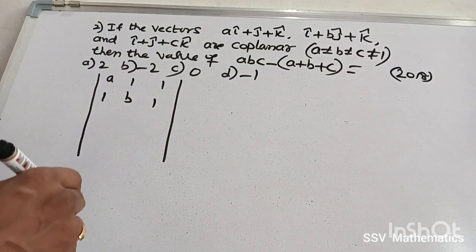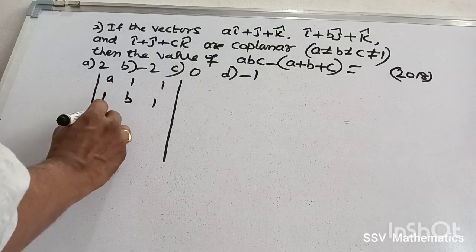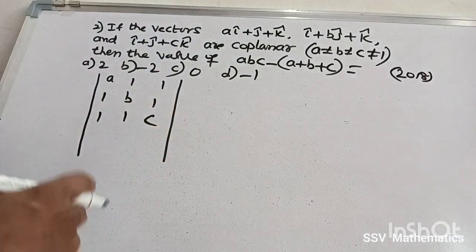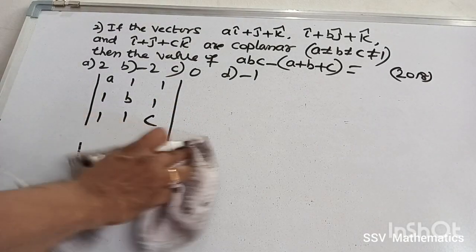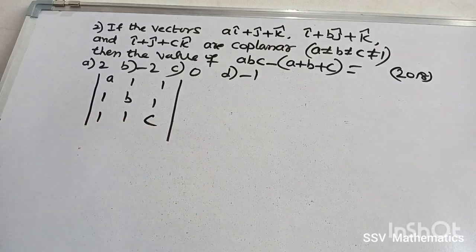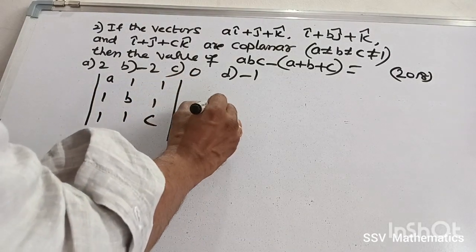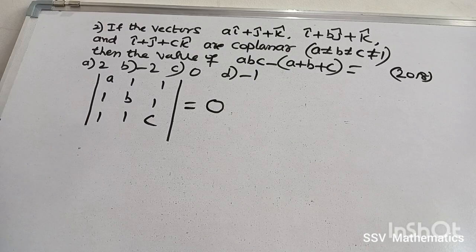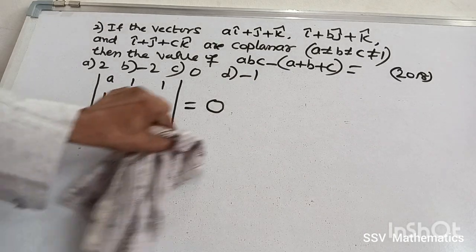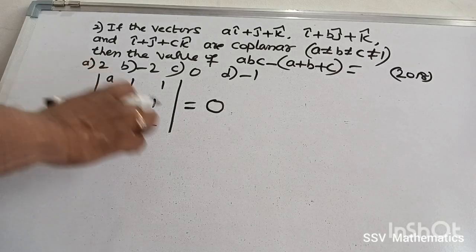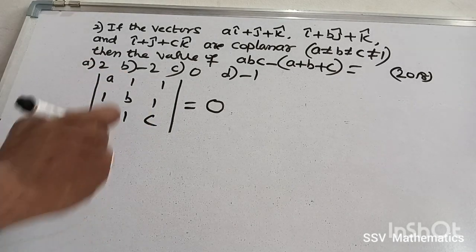Third row: 1 1 c. The determinant of this becomes 0. This is from the definition of coplanarity of three vectors, so we already know this result. Now evaluate this determinant of order 3.